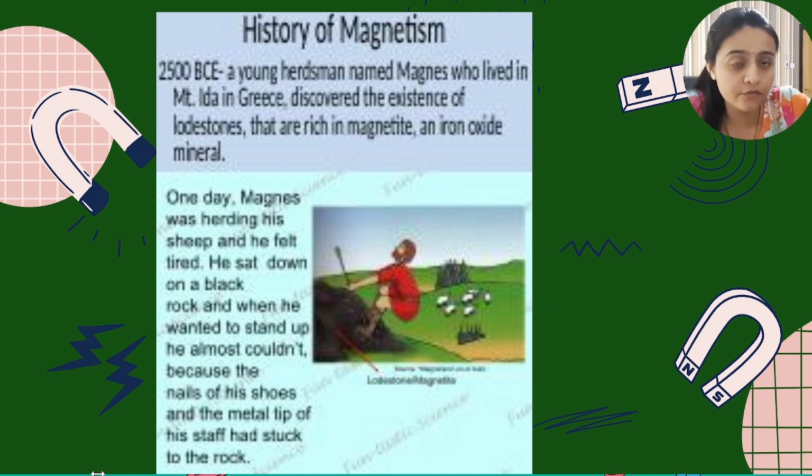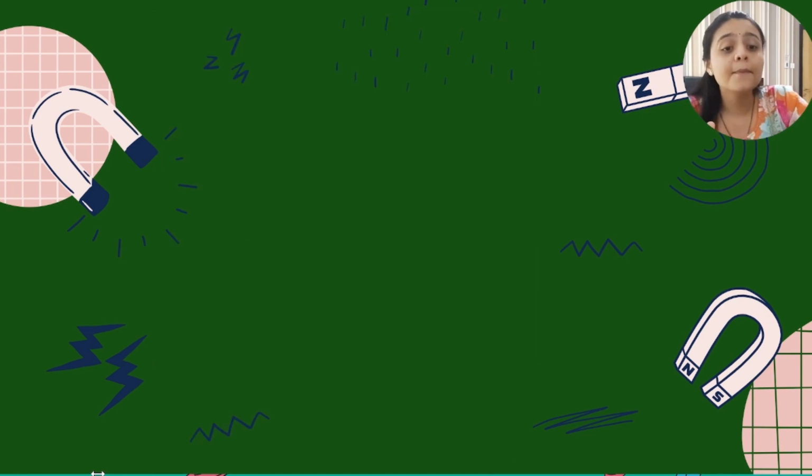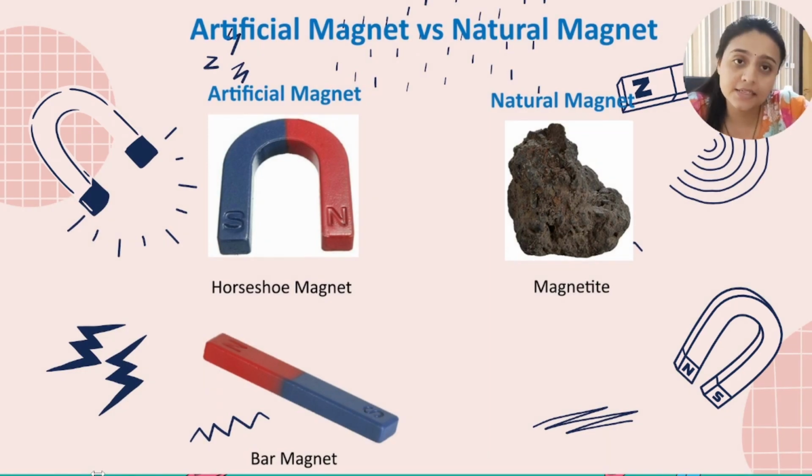From that incident, the rock was discovered as the magnetic rock, and the name of the rock is magnetite. So the one natural magnet present on the earth is the rock known as magnetite, as discovered by Magnes.